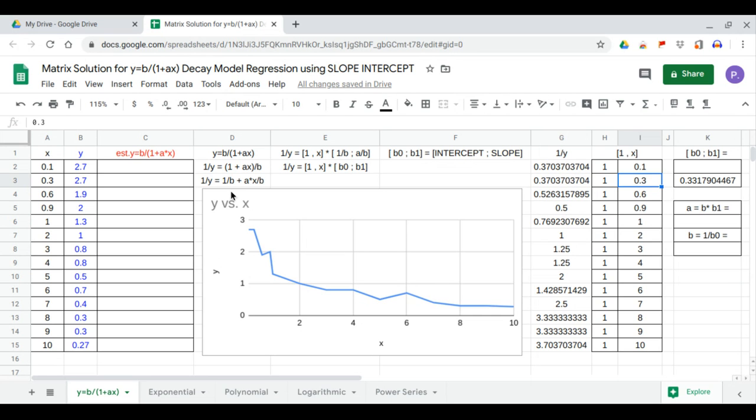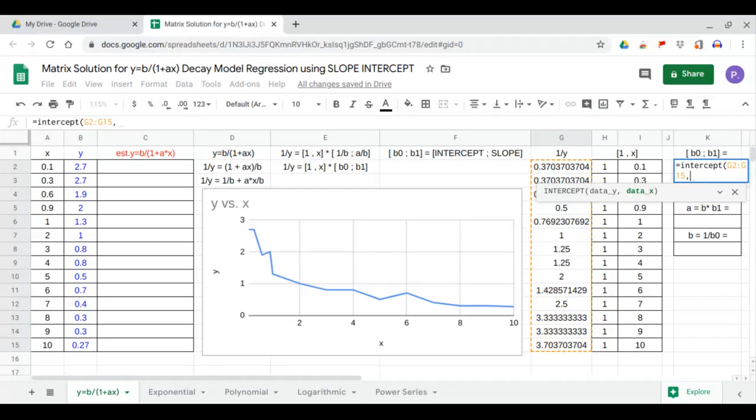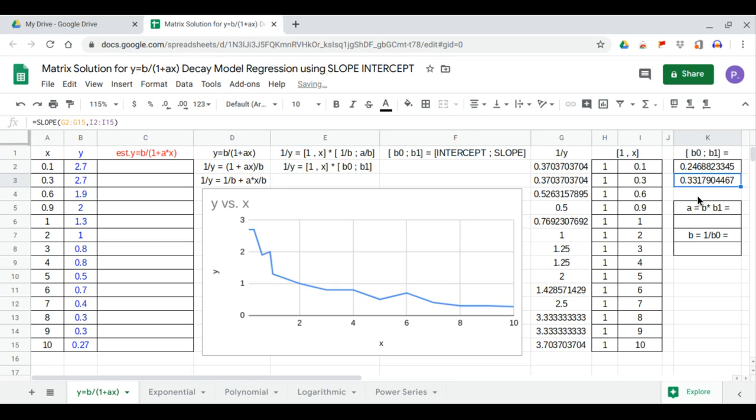Now that we have transformed the data into its linear form, we can now calculate for the intercept of data y and data x. And we calculate for the slope, which is equal to slope of data y and data x.